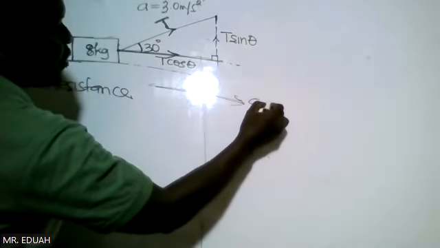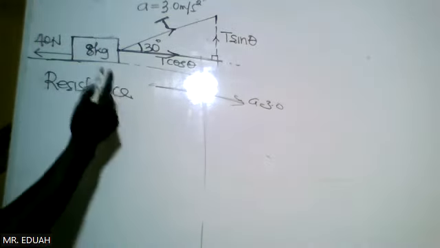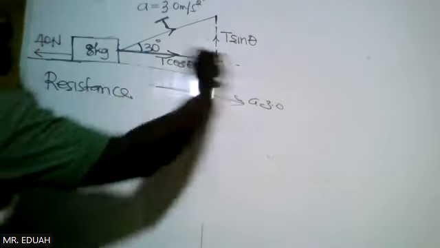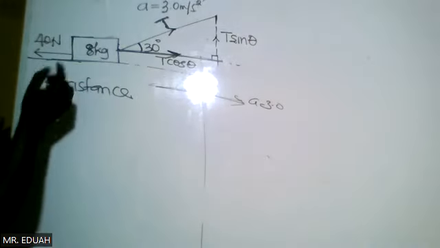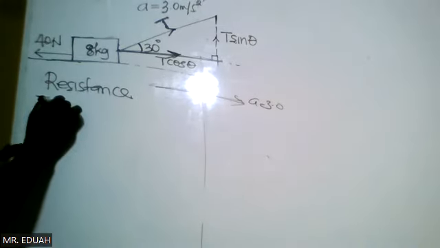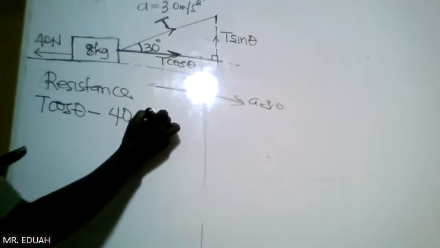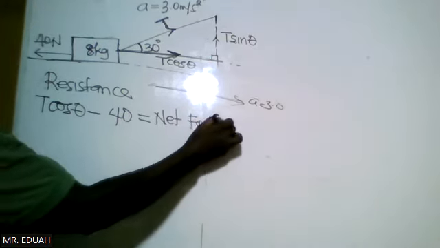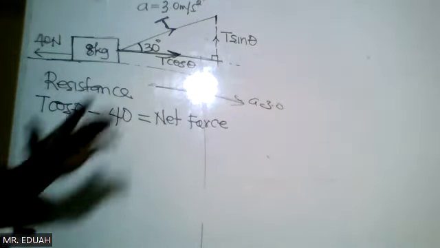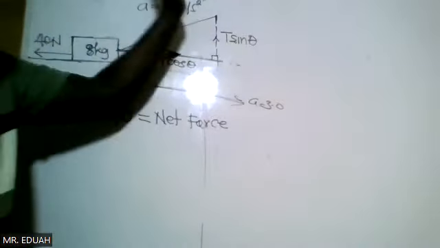The body accelerates in this direction, a is equal to 3.0. If you are looking for the resultant force which causes the acceleration, it is in the direction of the body, this component minus the resistive force. So T cos theta minus 40 must be equal to the net or resultant force. We didn't look at the vertical component because the body accelerates in this direction, meaning it has no relationship here.